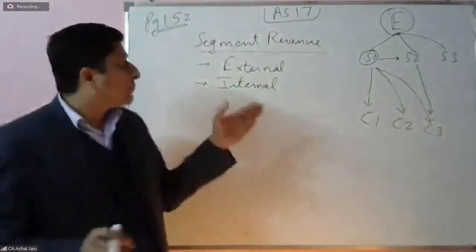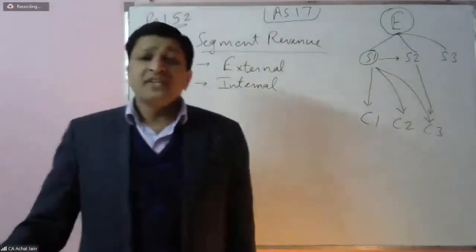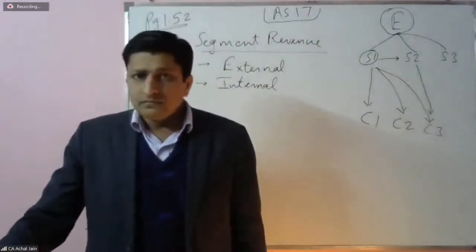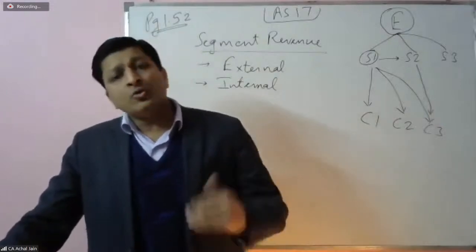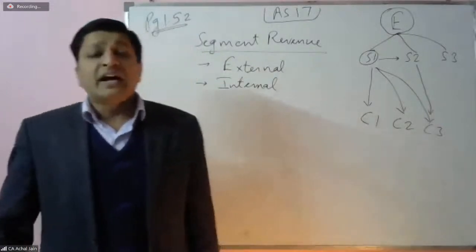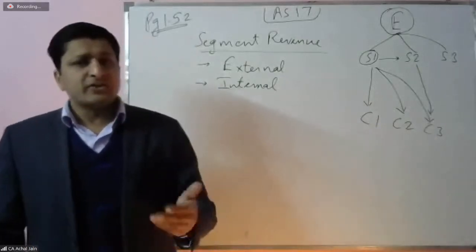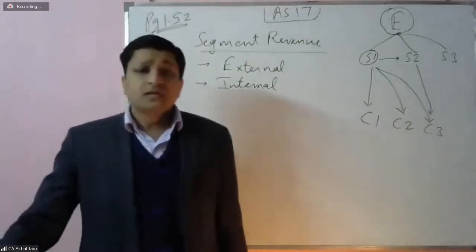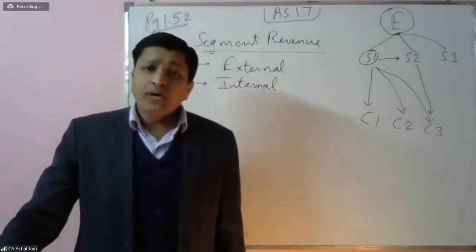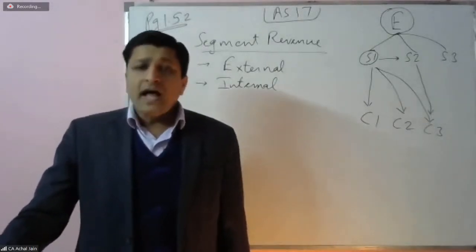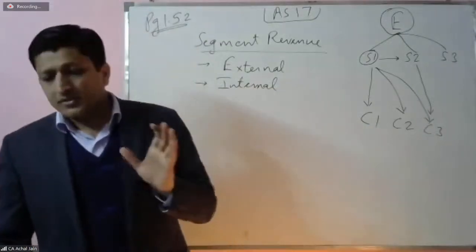So it will not form part of segment revenues. Second, any interest or dividend income, including interest earned on advances or loans to other segments, unless the operations of the segment are primarily of a financial nature. Third, gains on sales of investments or on extinguishment of debt, unless the operations of the segment are primarily of a financial nature.